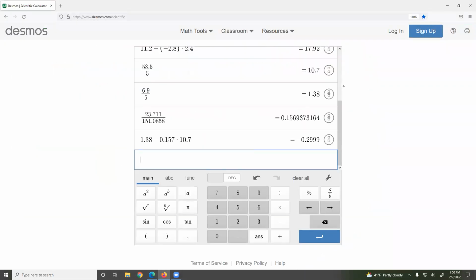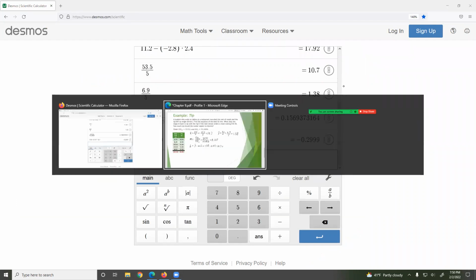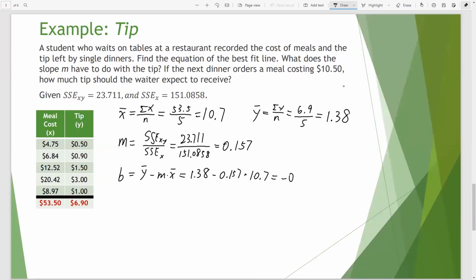Right, that's negative 0.2999. Okay, so from that, we get the equation y hat equals 0.157x minus 0.2999, right? Just use whatever you have. If you kept 4 digits, then maybe you get some other number, right?